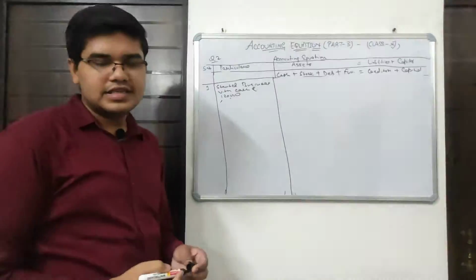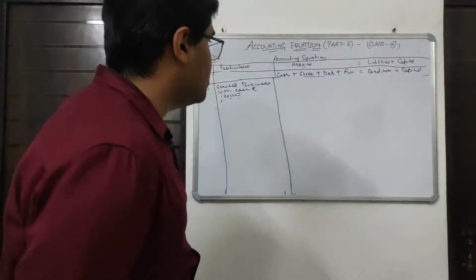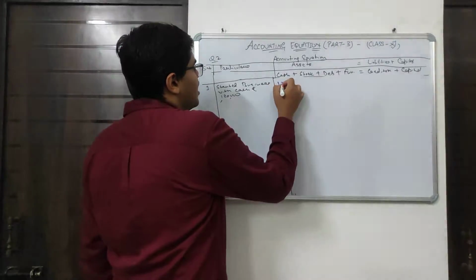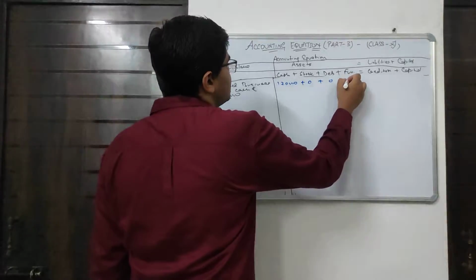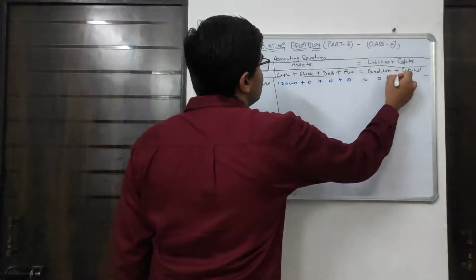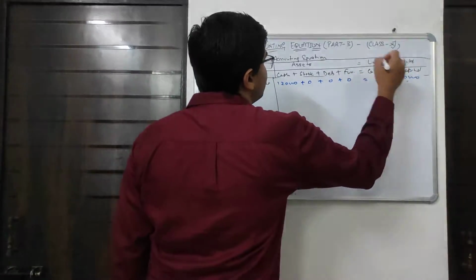As already discussed, no further discussion is needed. Cash increases by 1,20,000. No change in stock, no change in debtor, no change in furniture, creditor, and only the capital gets created of 1,20,000.